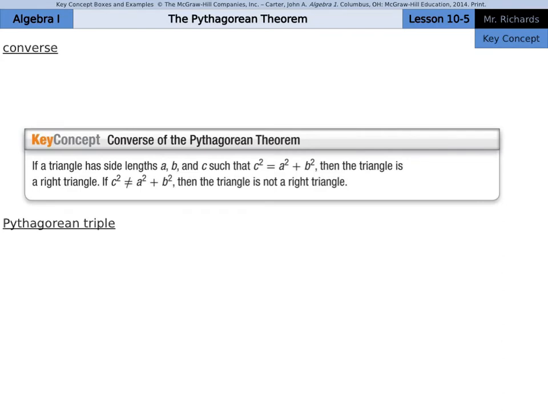Now in the second part of this lesson, we deal with the converse of the Pythagorean theorem and the Pythagorean triple.